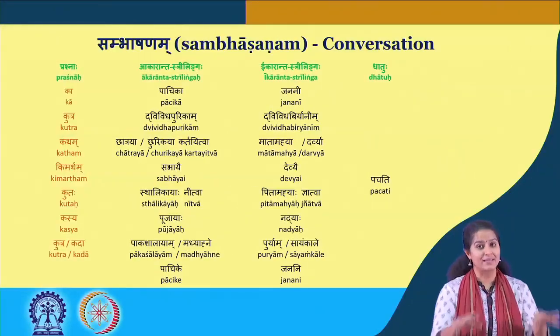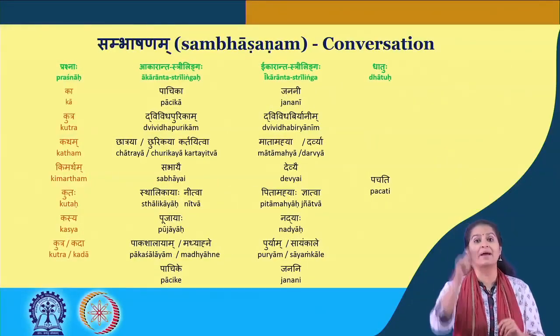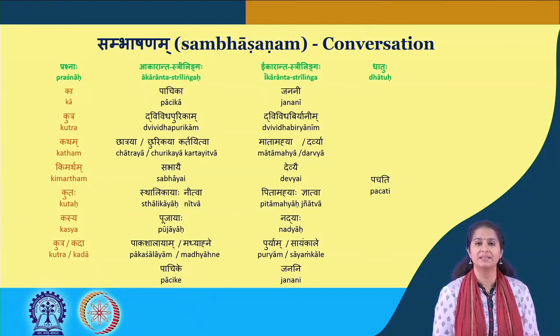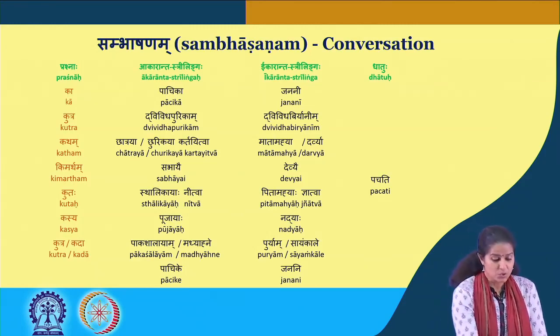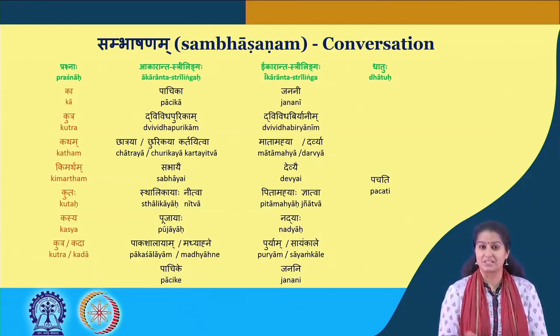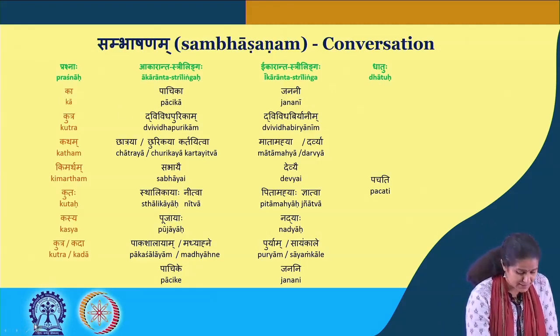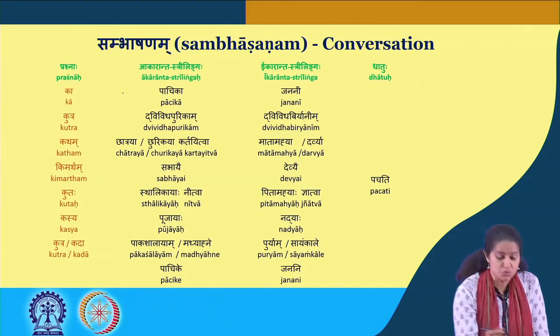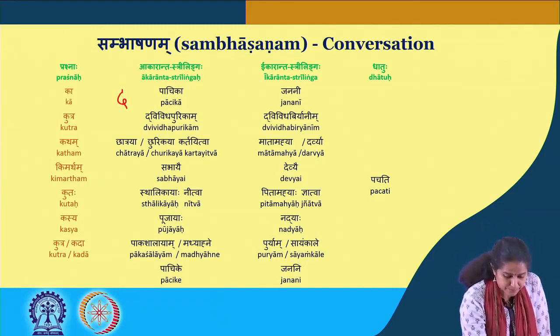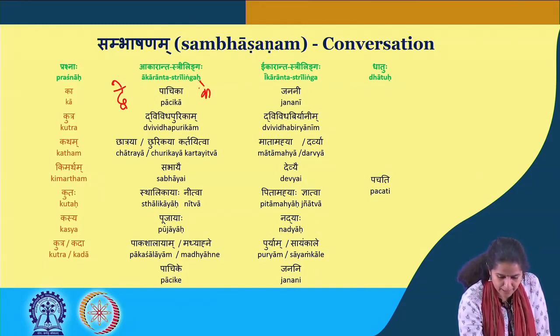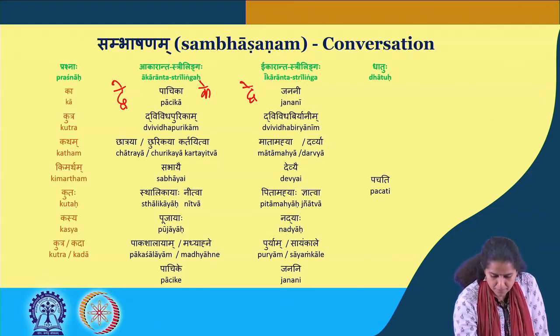So let's do a quick analysis of that conversation here, and this time I'd like you to try and complete the dialogue using the dual there. So we have ke pachatah, and the answer is, I'd like to say those two, so te dve pachike and dve jananyau.